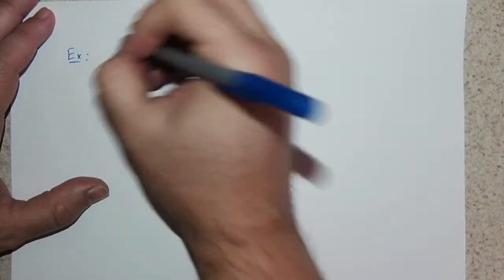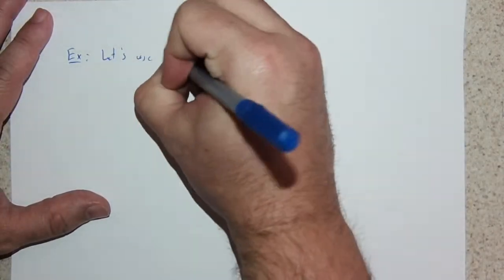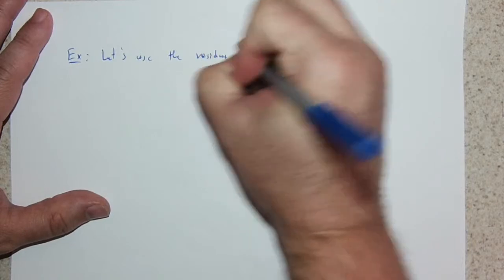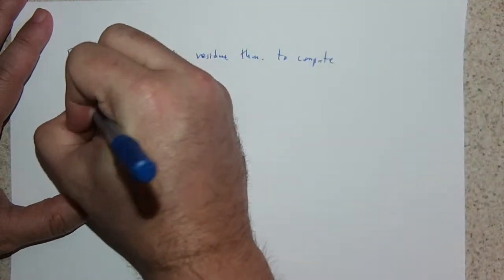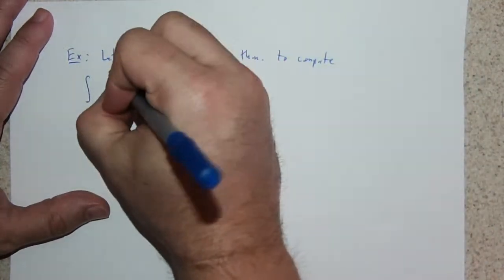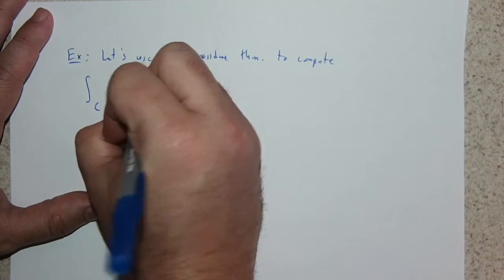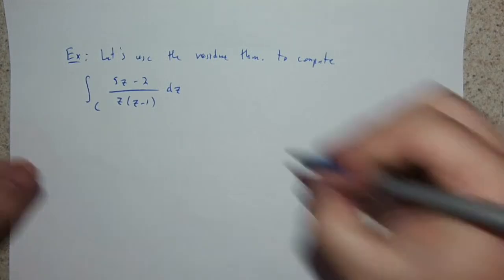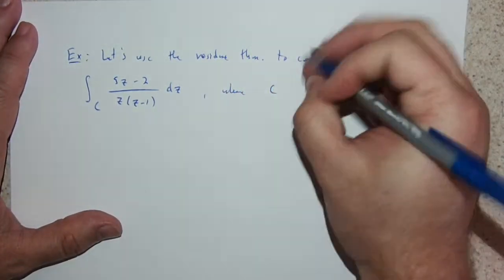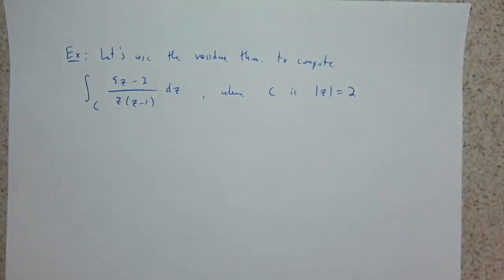Let's use the residue theorem to compute the integral over C of 5z minus 2 over z times z minus 1 dz, where C is the positively oriented version of the circle centered at the origin of radius 2.